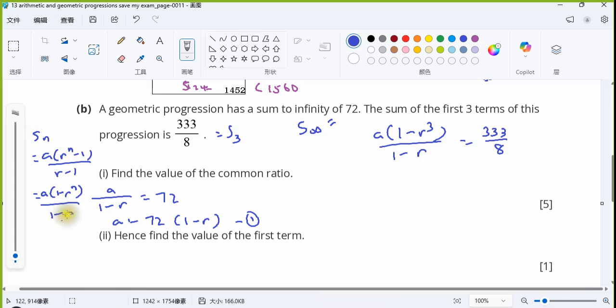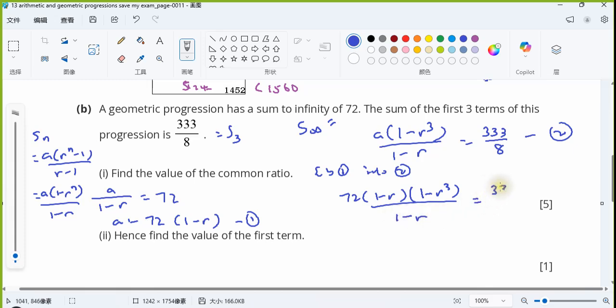The reason why I do it this way is because when I sub 1 into 2, we have 72(1 minus r cubed) over 1 minus r equal to 333 over 8. So the 1 minus r can be cancelled.